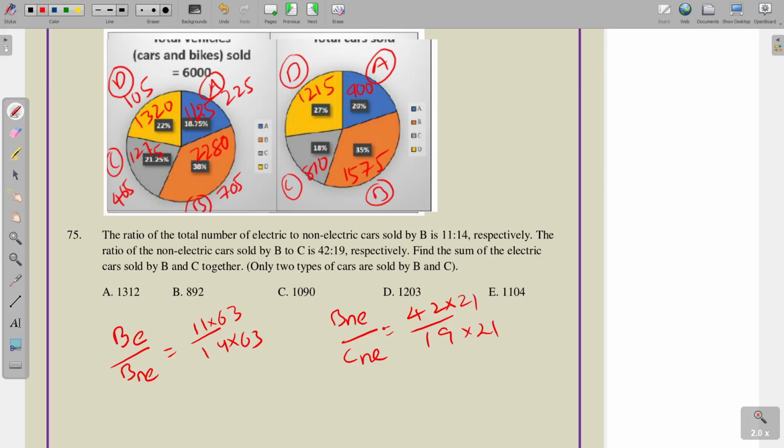Find the sum of electric cars of B and C together.